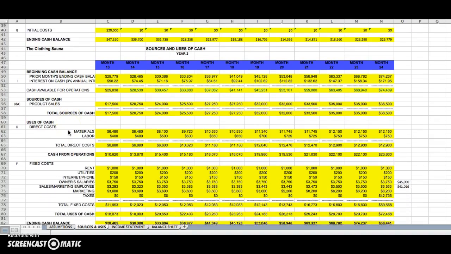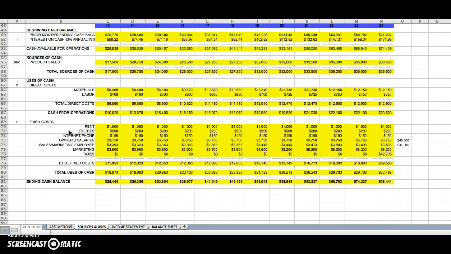Moving down to year two, we have no negatives. Cash from operations continues to increase, which is obviously what we want to see happen. And then moving down to the ending cash balance, again, it's all increasing through the sales generated.